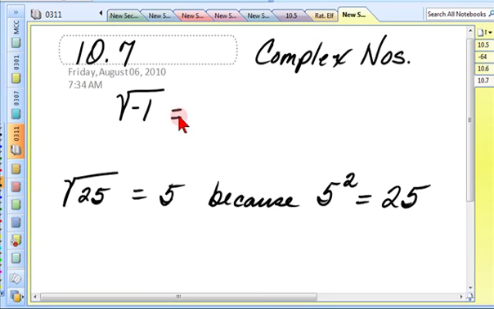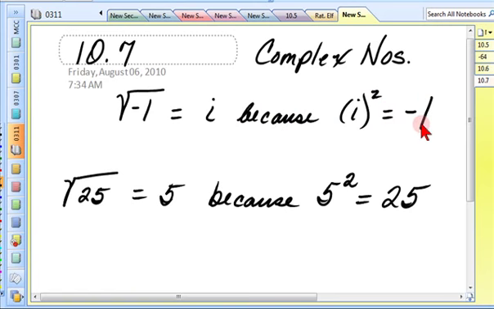So mathematicians just invented a new number, and they called it i. They gave it a letter name. It's usually written kind of italicized, so I usually just give it a little tail. All right, because now this is just a definition. i squared is -1.